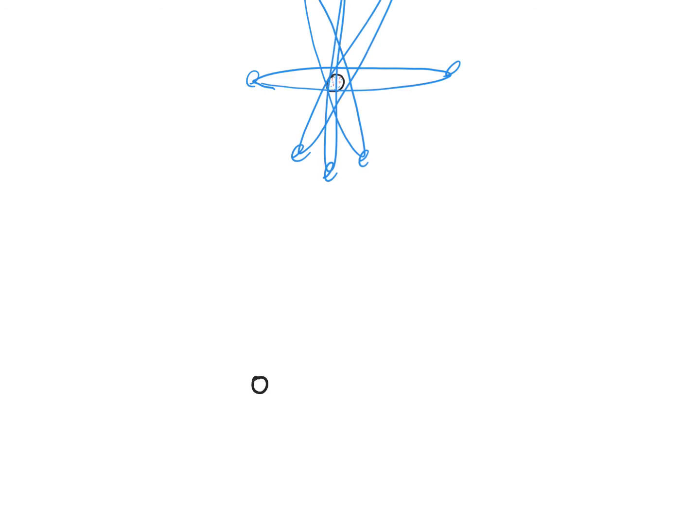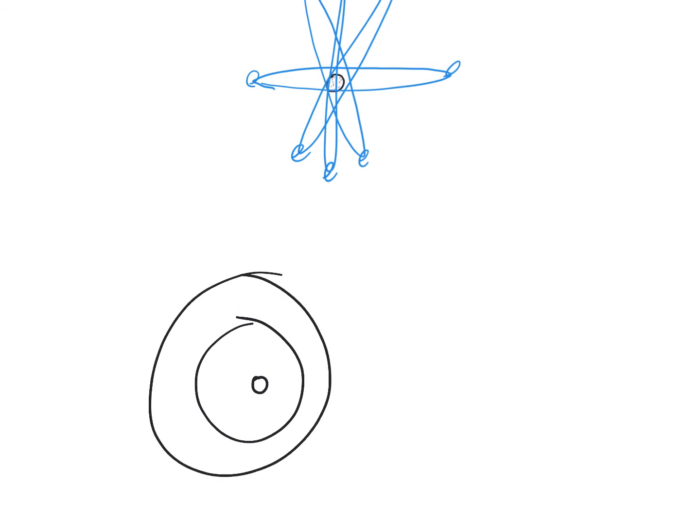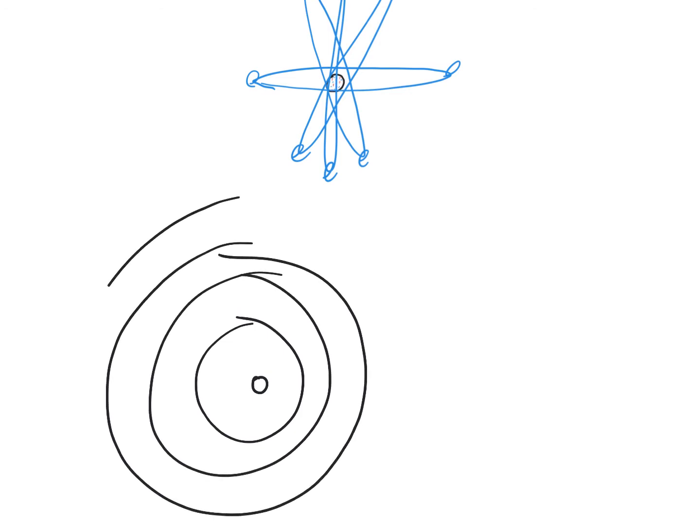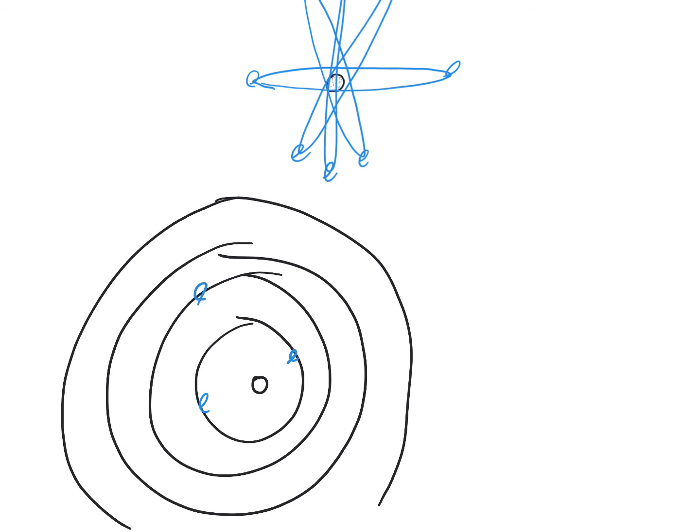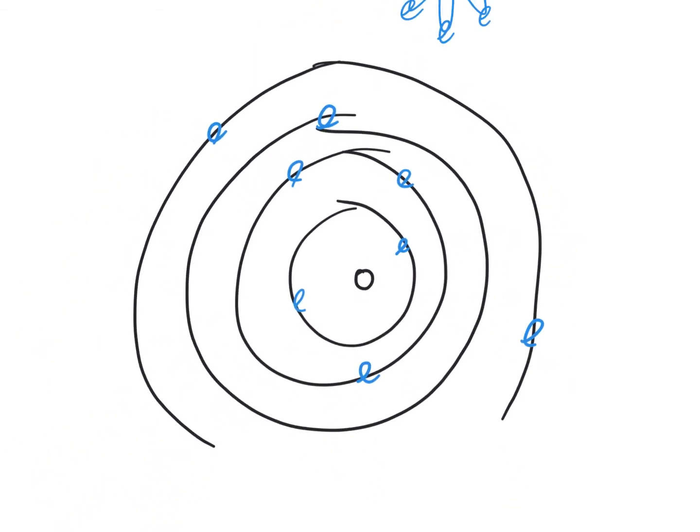So there's a central area, and there's an orbital around that, orbital around that, orbital around that, and each of these orbitals can have some electrons in them. And again, this is still cartoony. They're not actually going around in circles.